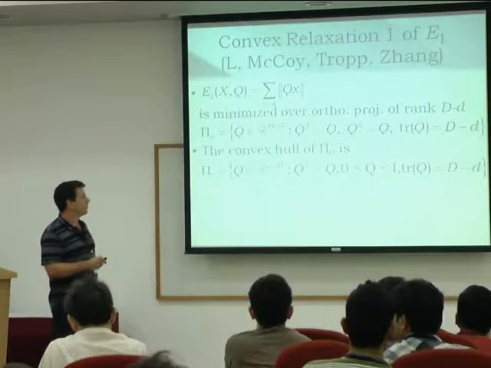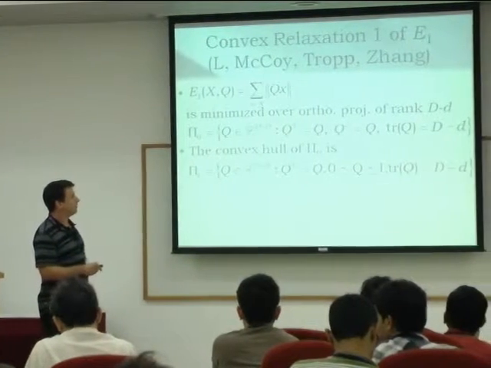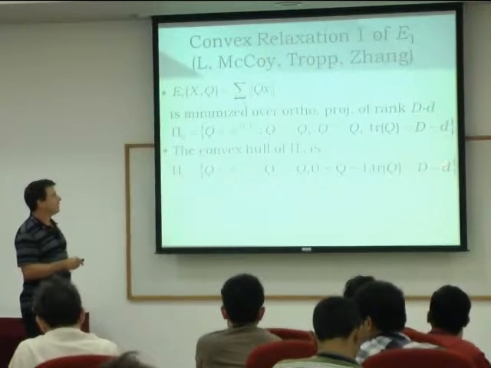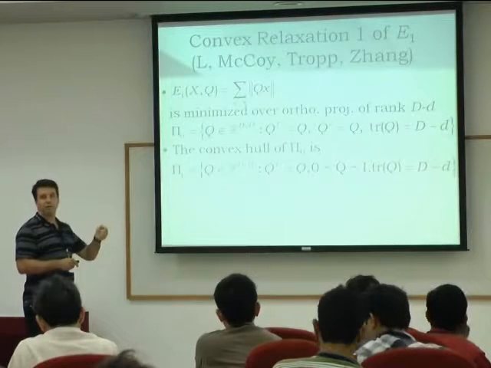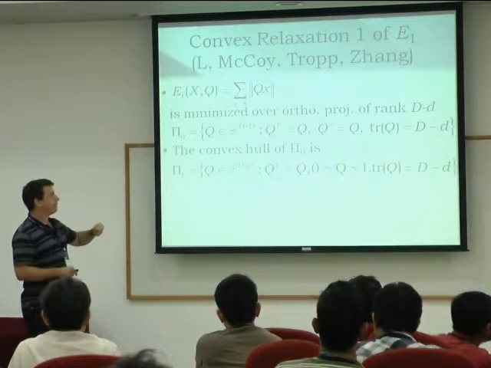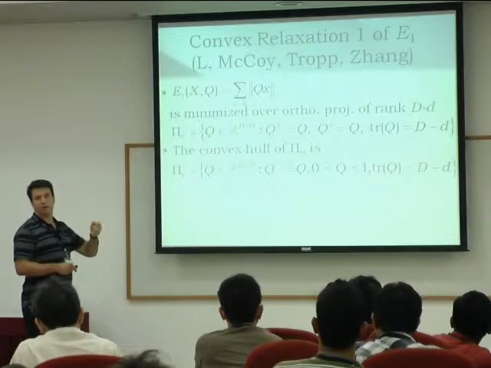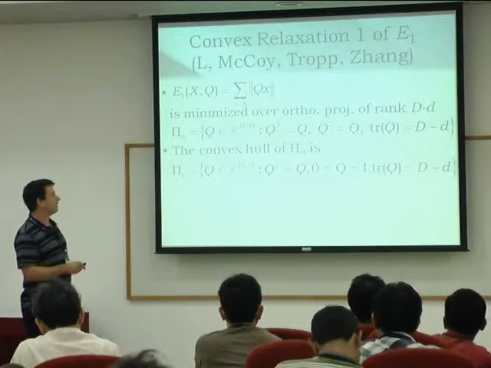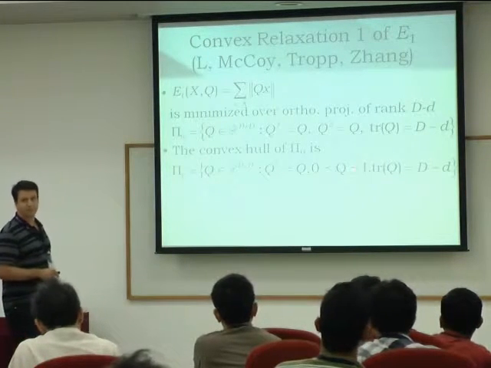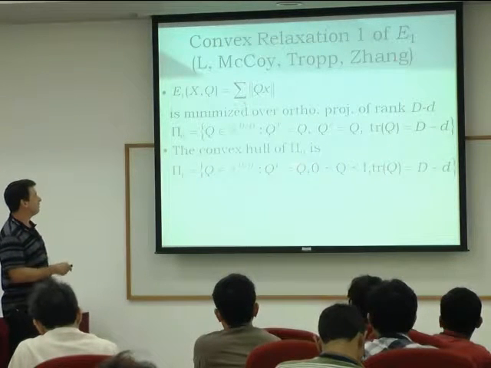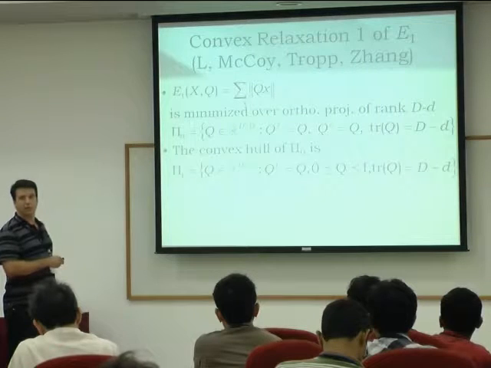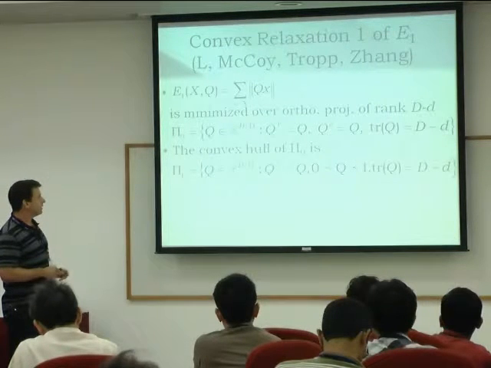So let's not change this linear constraint and this affine linear constraint. And now instead of Q squared equals Q, which means the eigenvalues are either 0 or 1, I ask the eigenvalues to be between 0 and 1. So this will convexify this set. It will actually be the convex hull. So now I want to minimize this convex function over this convex set. And let me also give you one more technical detail.